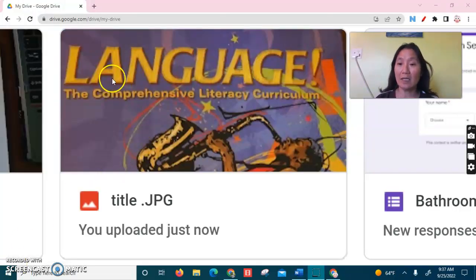So here is a title. You can see that we have the title up here. It's called language. And then underneath of it, we have what's known as the subtitle. So if we were to look at this book right here, you would see that you have the title here, the subtitle underneath. So it does happen in real books.